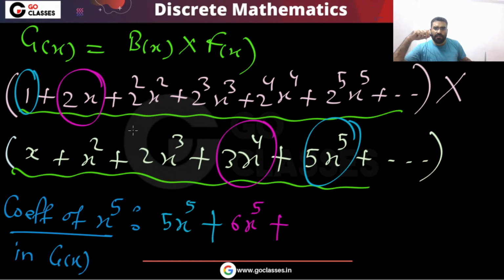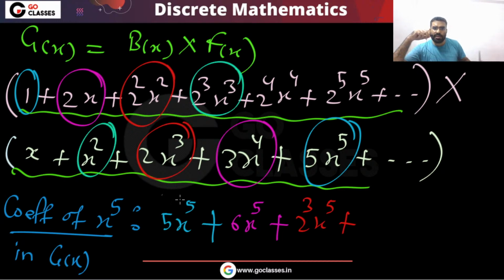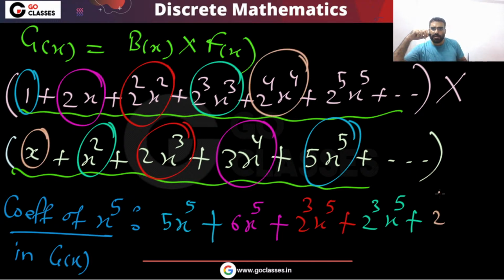Next, this with this gives 2 power 3 x power 5. Next, this with this gives 2 power 3 x power 5, and then 2 power 4 x power 5.